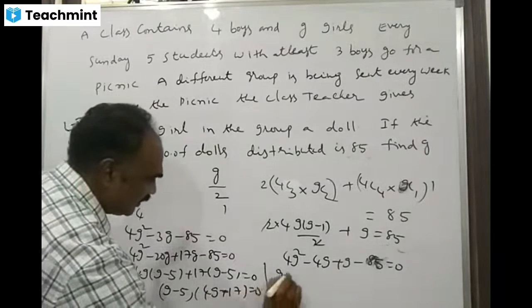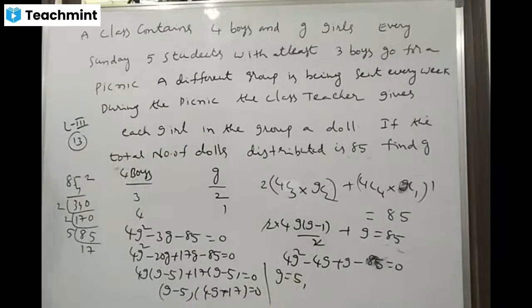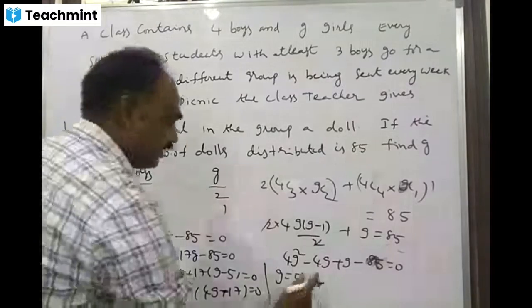Friends, here G is equal to 5. So total girls is equal to 5. Find G: answer G is equal to 5.